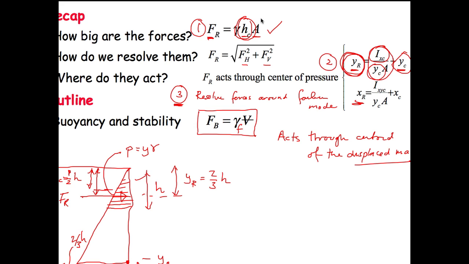So in kind of a corollary to this, the magnitude of the force comes from this, but it doesn't act at this depth of the centroid, it acts at some other location. Likewise, the magnitude of the buoyant force is given by this, and it acts always at the center of the displaced fluid volume, which is really just its centroid, and we call that the center of buoyancy.